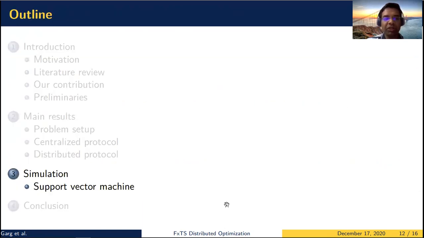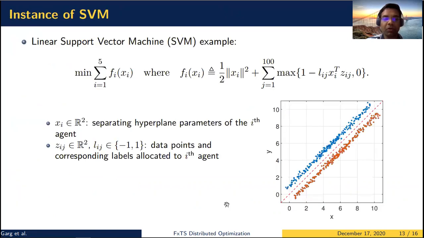So next, we demonstrate the result via one example of a support vector machine. The typical SVM problem is given by this, where we want to minimize the summation of these functions. In a centralized manner, we would have these 500 points, with which we would need to find this separating hyperplane that separates these labeled data points.